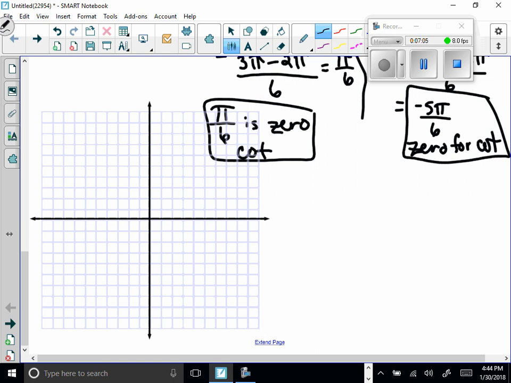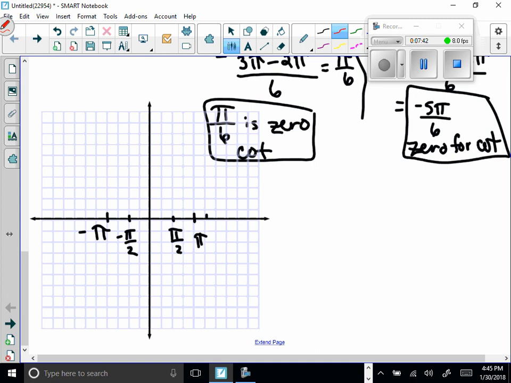I normally would have asymptotes for my tangent at pi over 2 and negative pi over 2. I'm going to stretch this out here a little bit. I'm going to go over here to pi, and negative pi. So normally I would have asymptotes at negative pi over 2 and pi over 2. In this case, my tangent would have asymptotes at pi over 6 and negative 5 pi over 6.